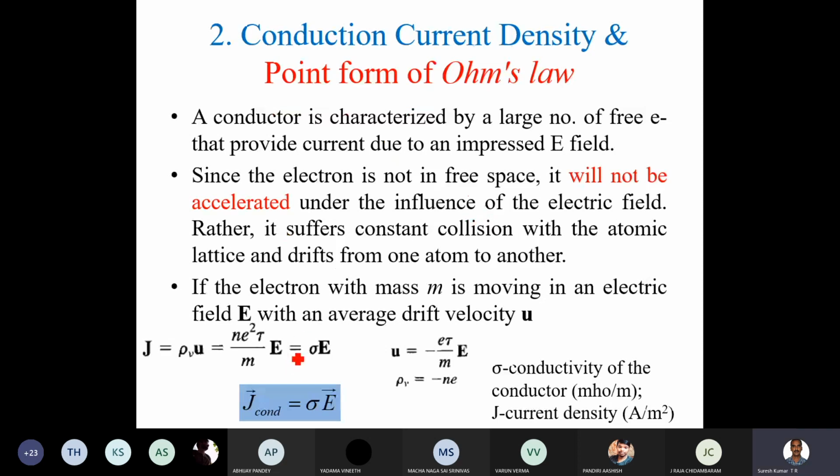So from now on, we will frequently use this equation rather than the other one, because conduction current is our focus. Maybe in Ampere's law, while discussing, we will take the displacement current, but until that time, we will consider this equation.